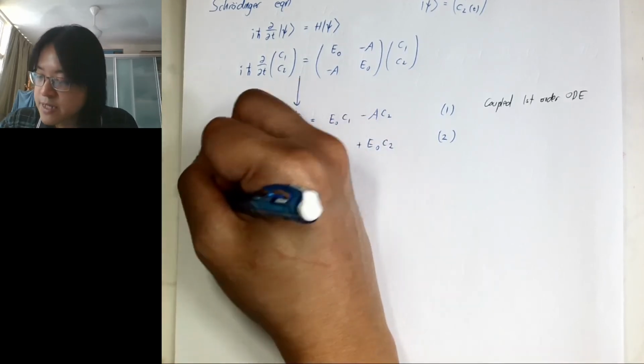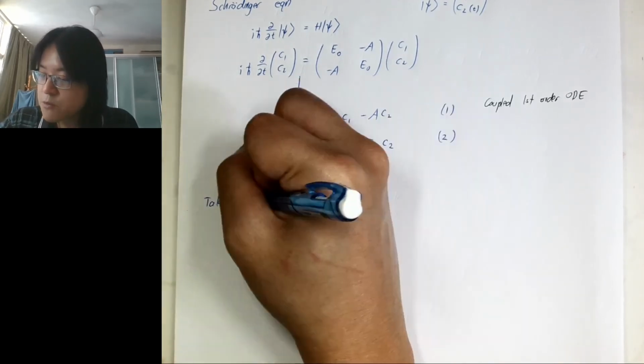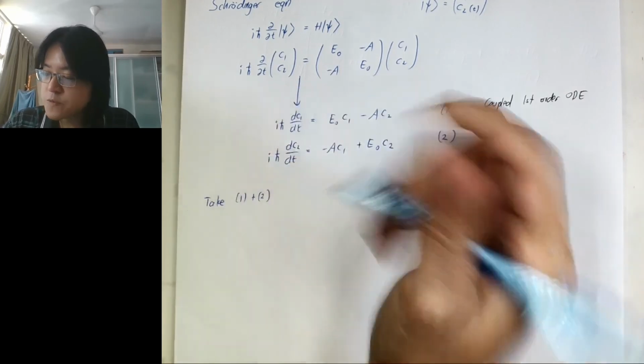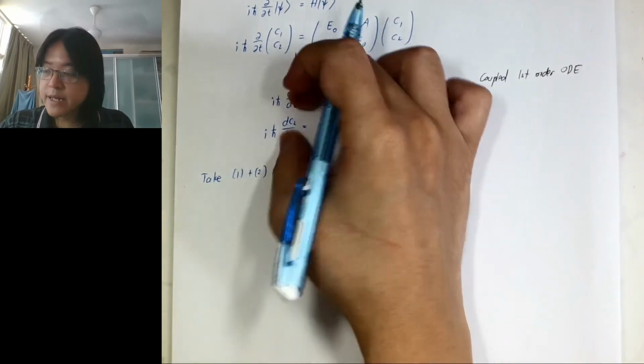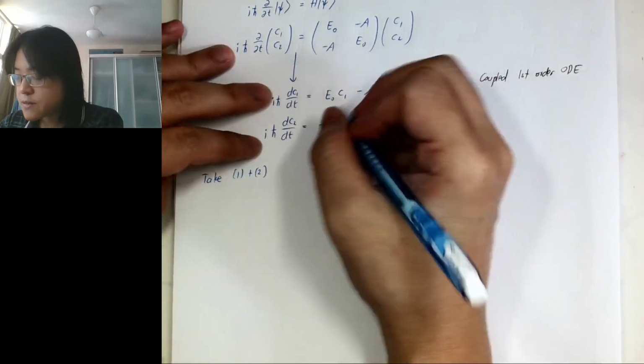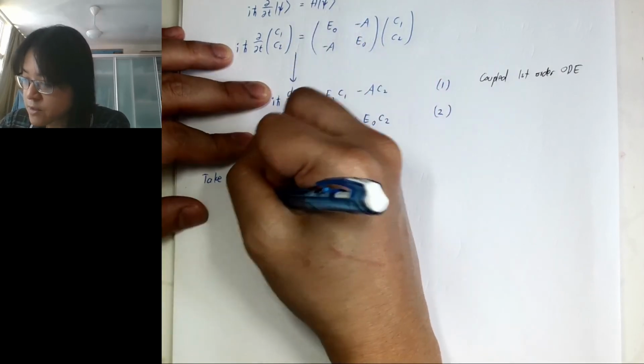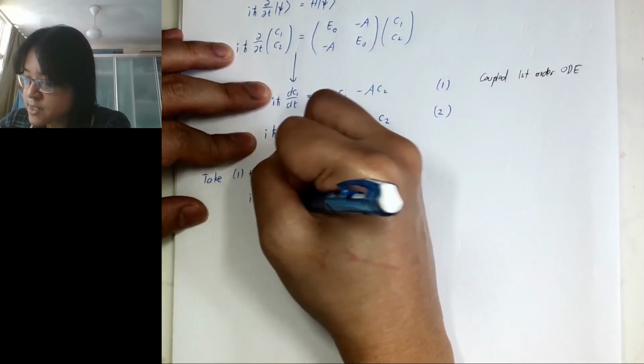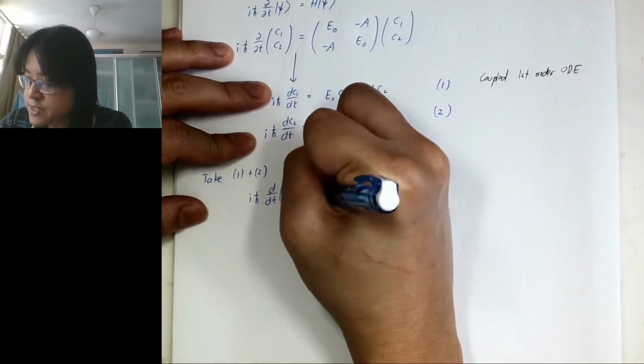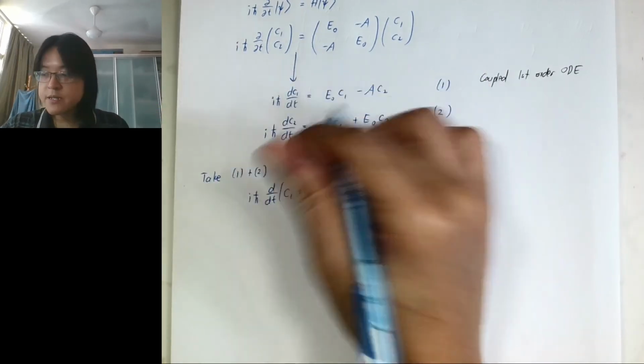So let's see what happens if I take equation 1 plus equation 2. So if I take equation 1 plus equation 2, then, well, this plus this, I got iħ times the derivative. The derivative operation is linear. Okay, so I got this plus this.